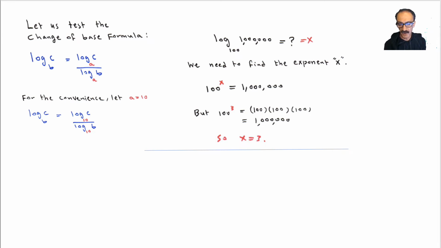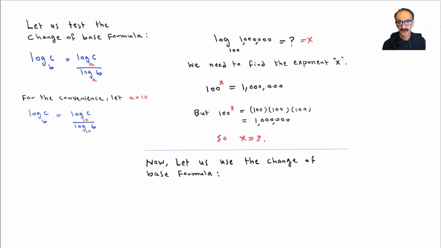Now let's try to test that if it works this way. We are looking at the left, log c base b. All what we did here is, if c is a million and b is 100, what is that? That came up to be 3. I called it x, then I solved it x as 3. Let's do the change of base formula, and hopefully we'll get also 3.